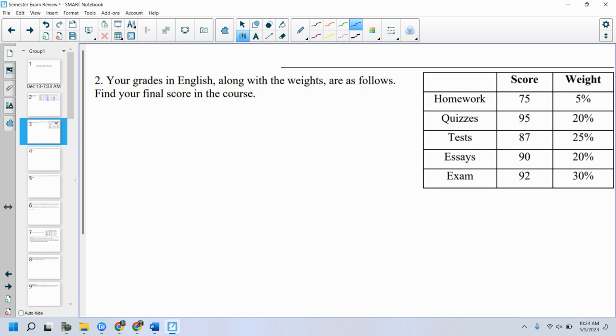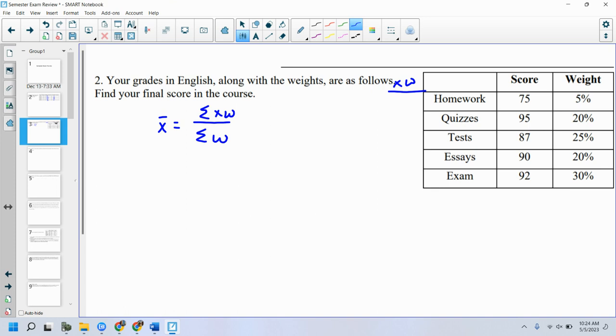Way back in chapter 2, we talked about weighted mean being x bar is the sum of xw divided by the sum of w. I'm going to do xw over here because I don't have room on the other side. And what I mean by xw is the score times the weight.